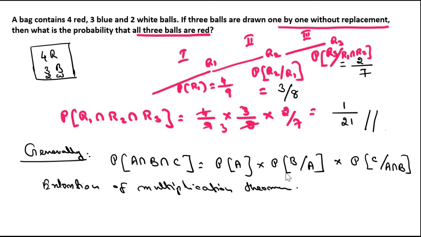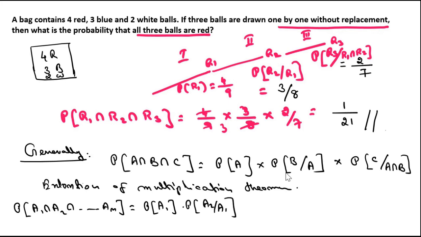If you want to see, we can generalize this one. Probability of A1 intersection A2 intersection, etc., An equals probability of A1 times probability of A2 given A1 times probability of A3 given A1 intersection A2, etc. Probability of An given A1 intersection A2, etc., intersection A(n-1).